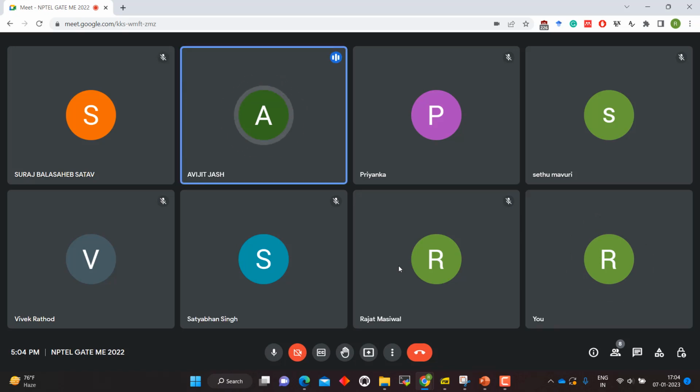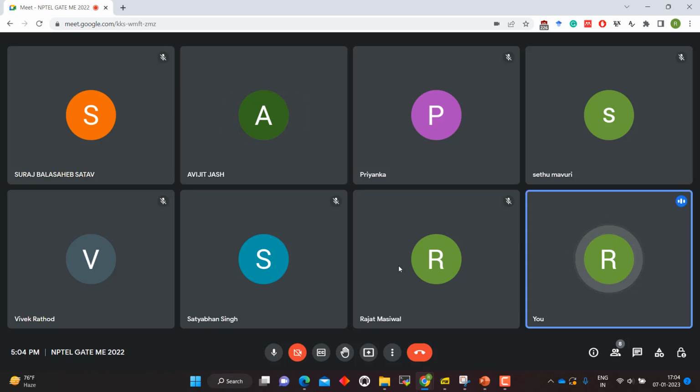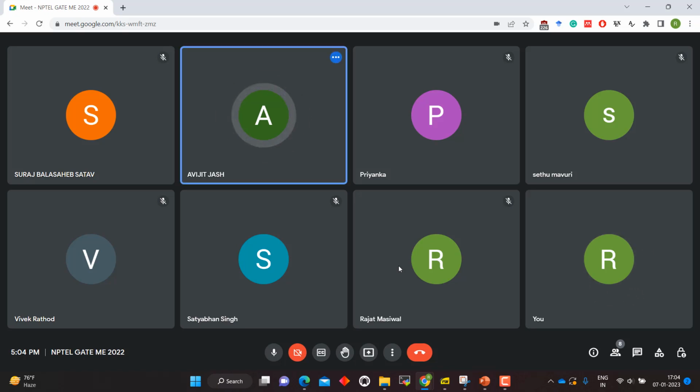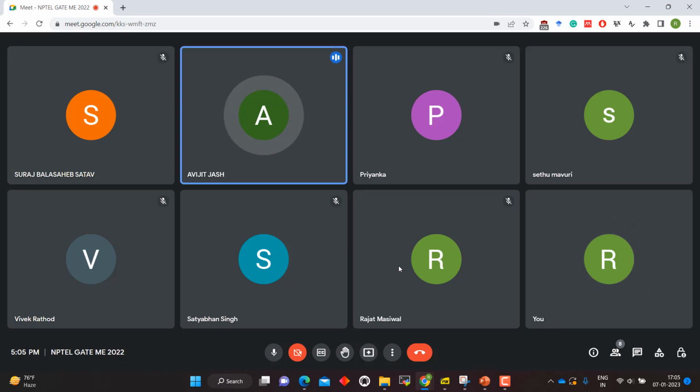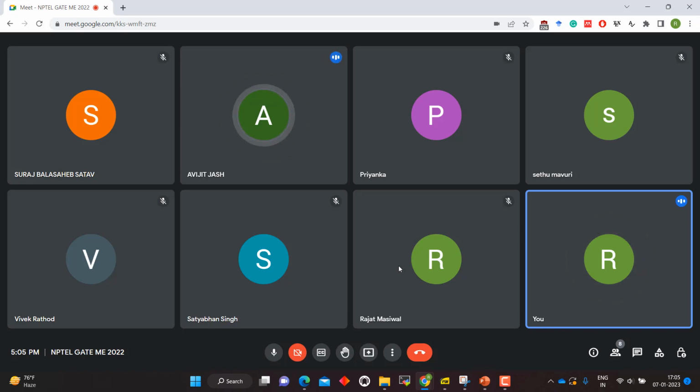So from the Rayleigh method, can't we do the dimensional analysis? You mean Reynolds number, right? No, no, I am saying the Rayleigh method. Yes, those are two different concepts.